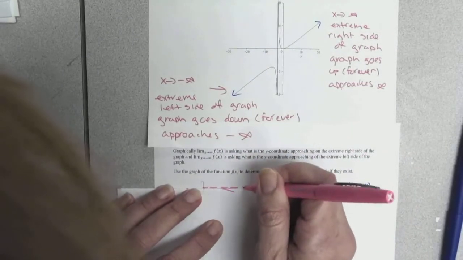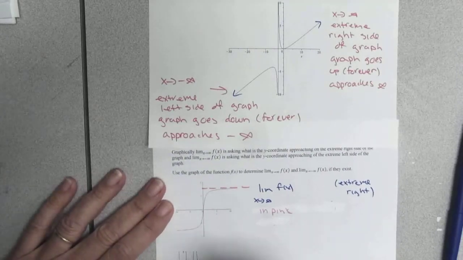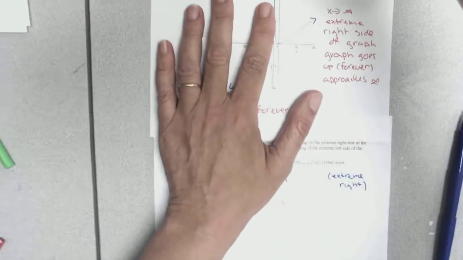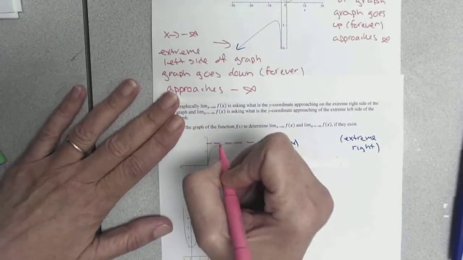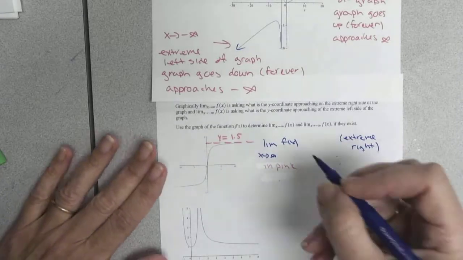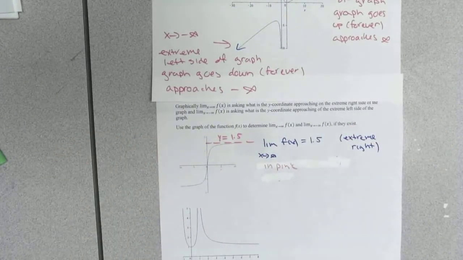And it looks like to me, and again, the graph's really small, so hopefully you're looking at your own copies of these things. That looks like that's about y equals 1.5. When I give you a graph, ballpark, I will allow decimals. Graphs are approximations, so decimals are fine.